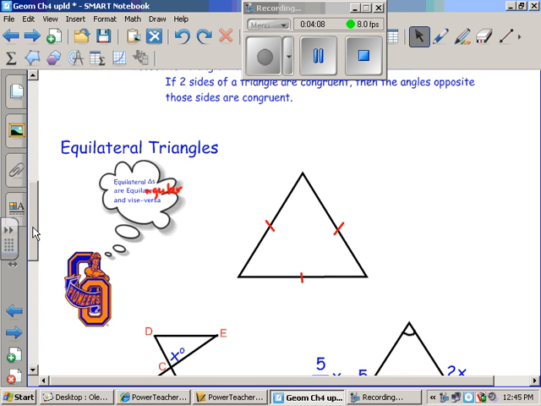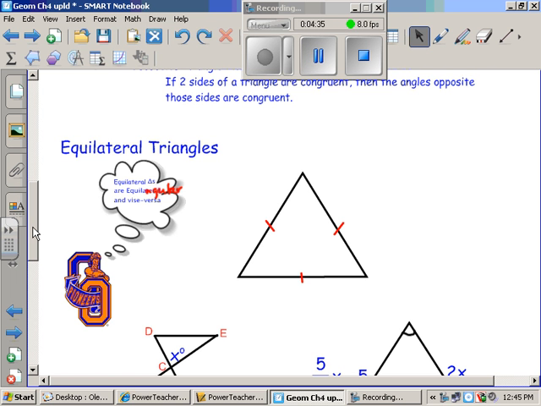This says if it has all equal sides, so if it's equilateral, it's also equiangular. It has all equal angles. So all equal sides, all equal angles, or the other way around. Okay? Yeah, if you were going to use it in a proof, you would just write equilateral triangles are equiangular, or equiangular triangles are equilateral.